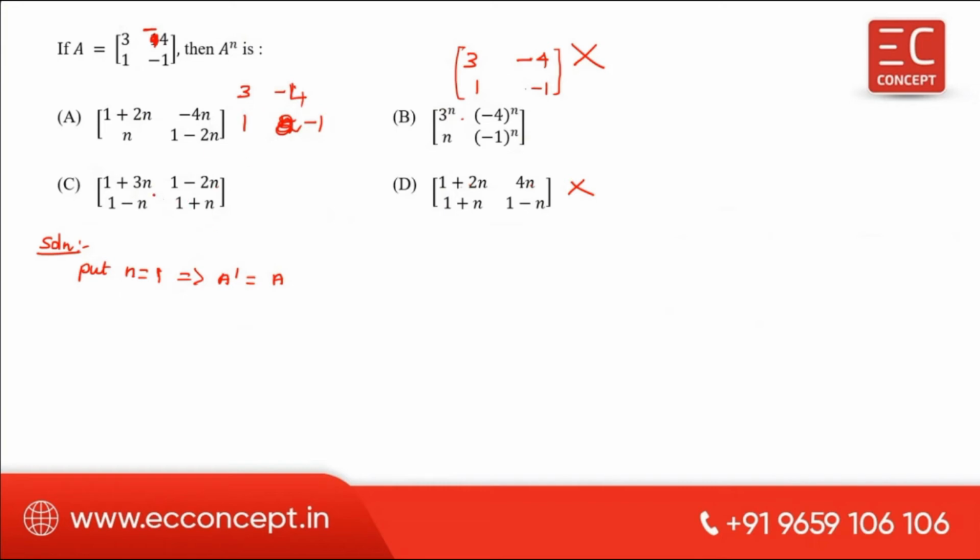Then similarly this is 4, therefore this option is not correct. And with n equal to 1, this option is also not correct. These two options are not correct. Therefore, either A or C is correct.